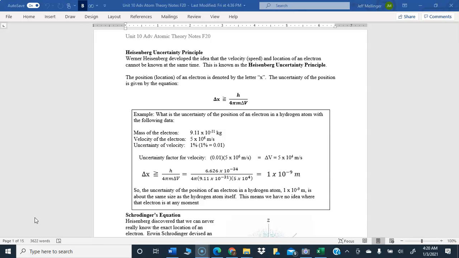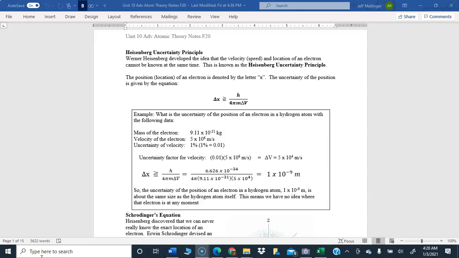Anyway, what you see on your screen is the formula for this. It's not on the front of your assignment sheet, so we'll go ahead and write this formula down. You can just copy it down right there.